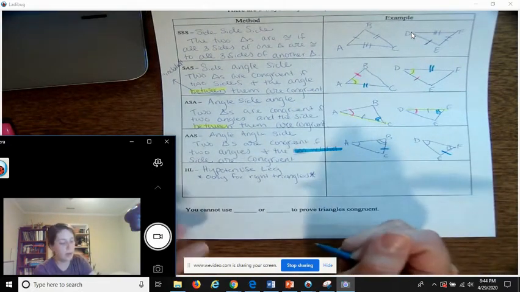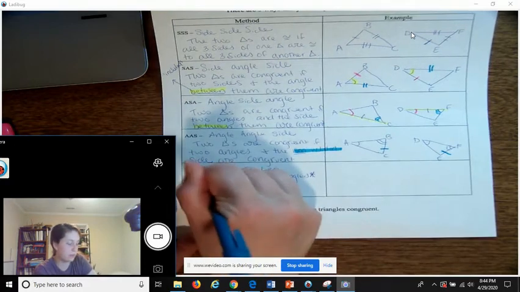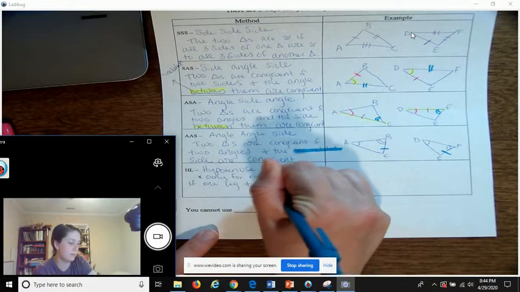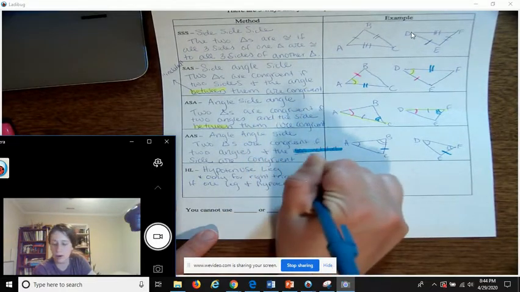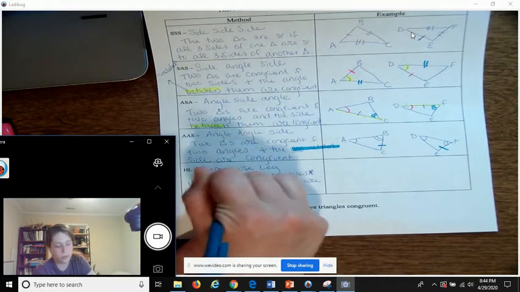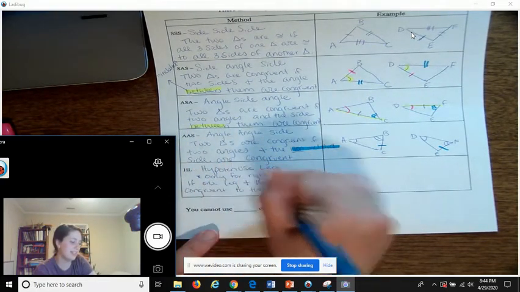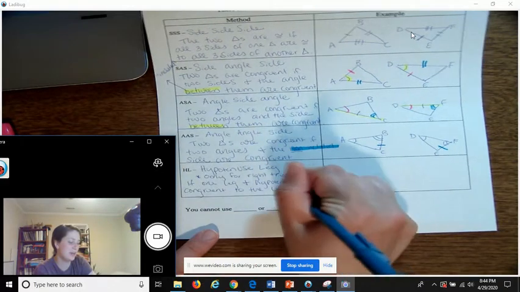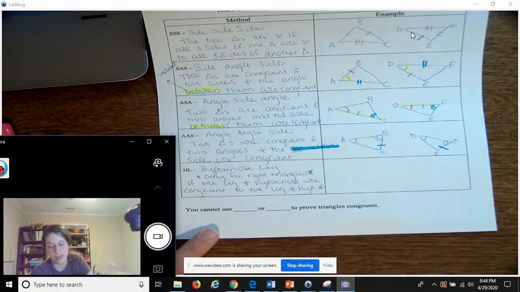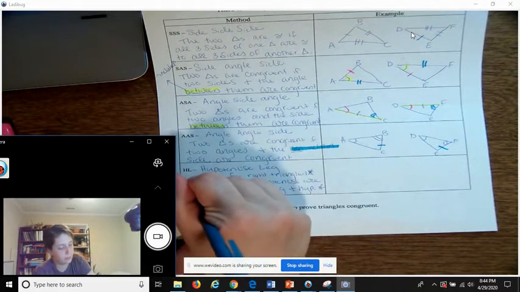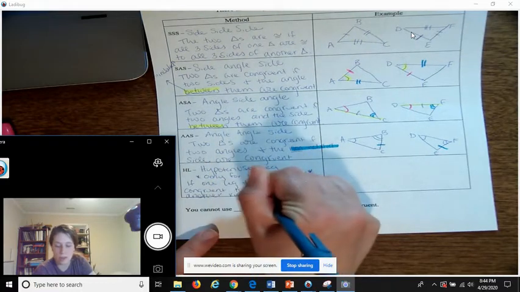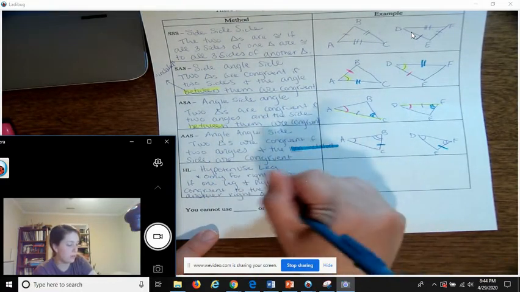Okay, so if one leg and the hypotenuse are congruent to the leg and hypotenuse of another right triangle, then they are congruent.